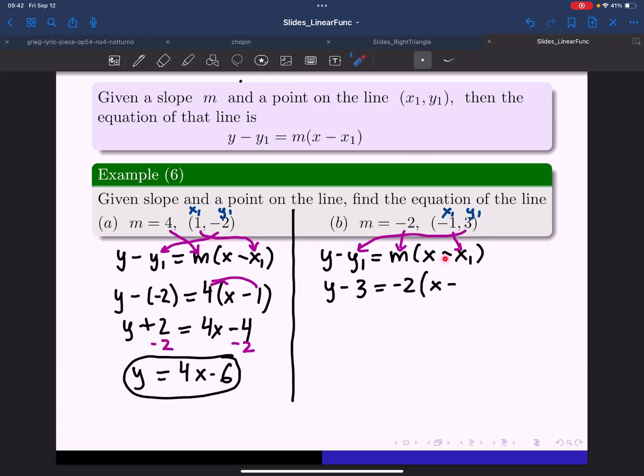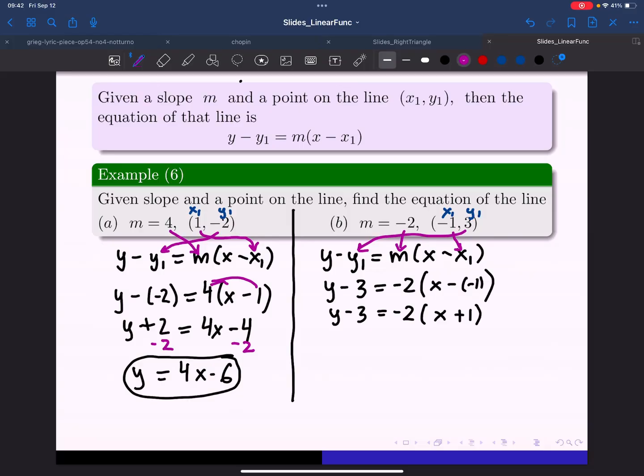is negative 1. We have minus from the formula, and x1 is negative 1, so minus negative 1. So now we have y minus 3 is equal to minus 2 times x minus negative 1, which is positive 1. So we have plus 1.